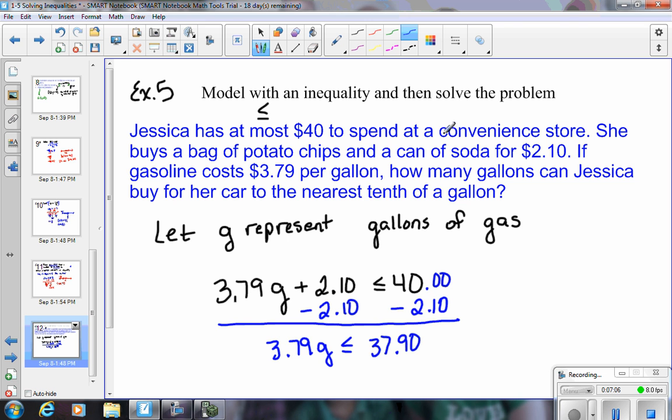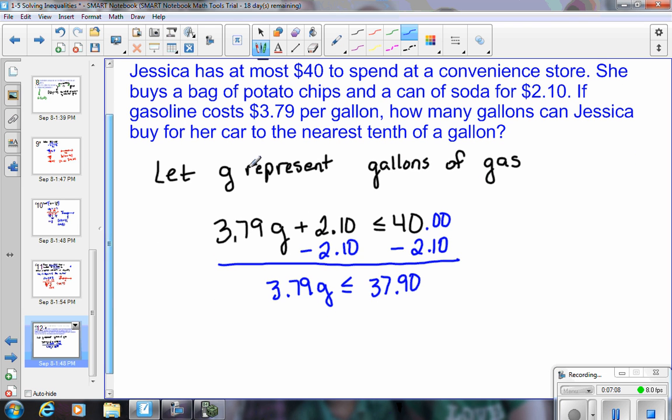So on the next step, we're going to divide each side by 3.79. Wow, I hadn't realized this. I actually made these numbers up when I was writing this problem, and very unlikely that I would come up with this.